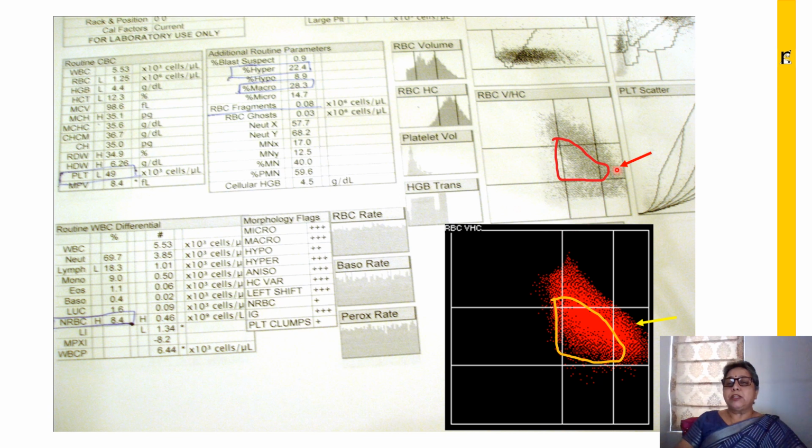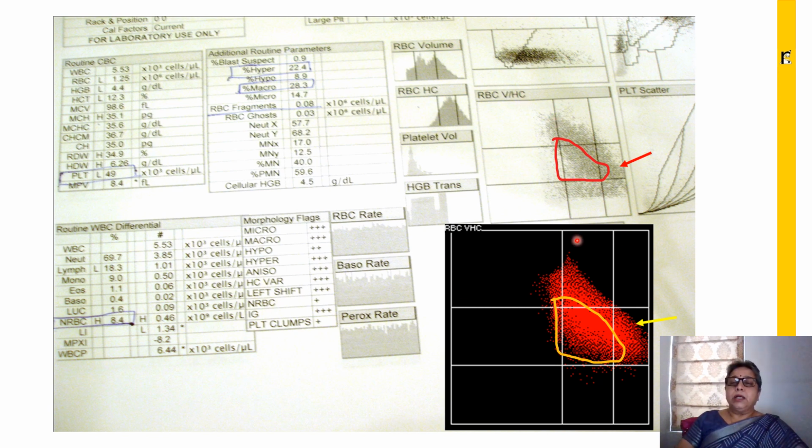You can get the presence of hyperchromic cells or spherocytes from this scatter plot, and macrocytes, which could signify reticulocytes. And if you do a retic stain on this, if you do a reticulocyte count on the cell counter, you can also look at the retic scatter, which will tell you more information.